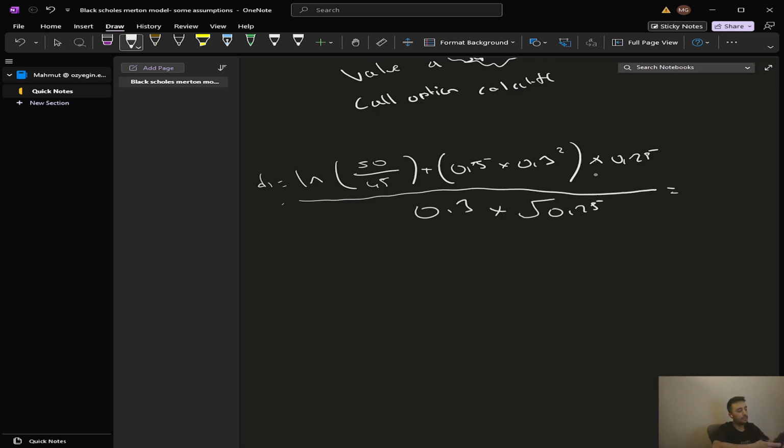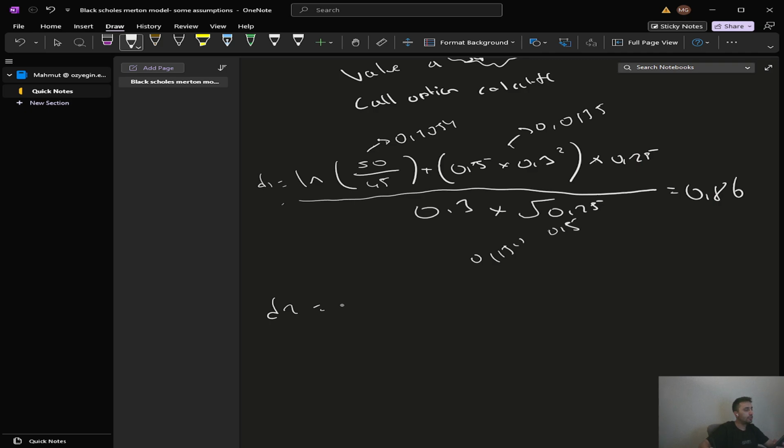Then the result is equal to about 0.56. Another one is d2.